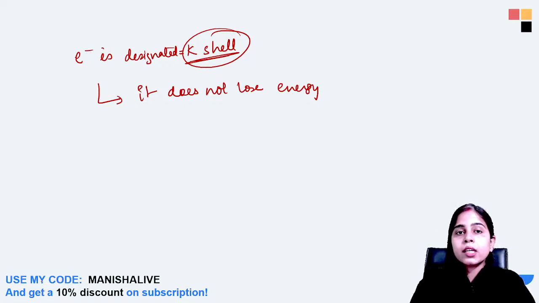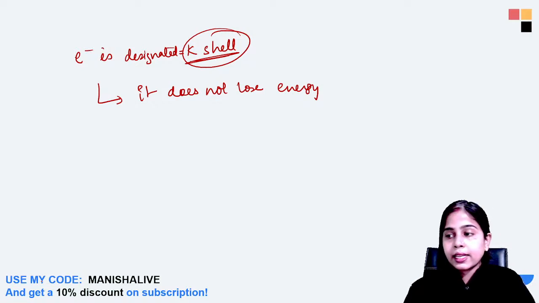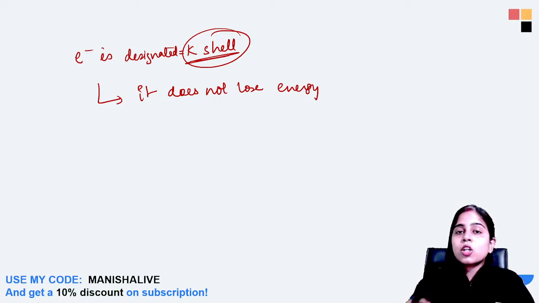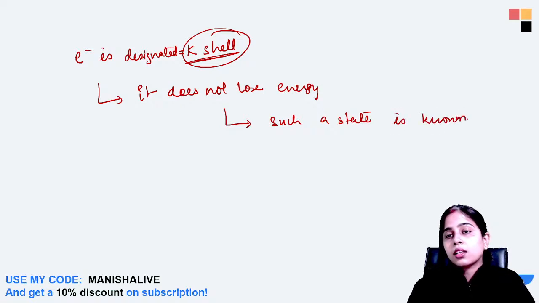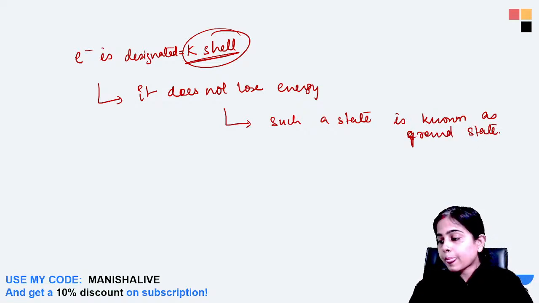So I was talking about when an electron is remaining in any one of the allowed stationary orbits, whichever orbit it is allowed to stay, it does not lose energy. Such a state is known as the ground state or normal state of the electron. Clear? We all know chemistry.